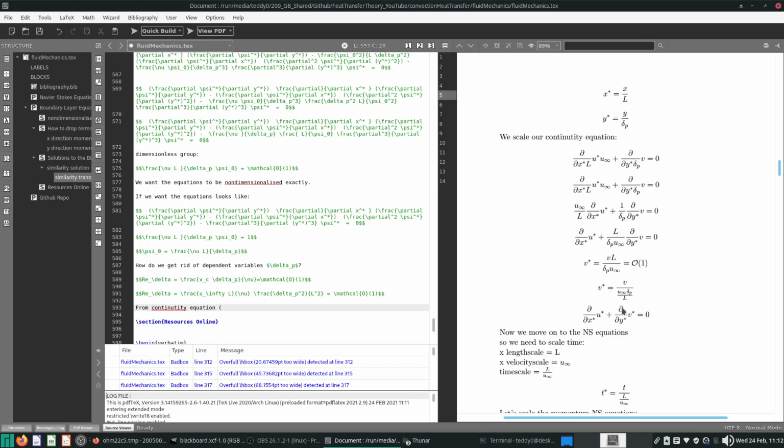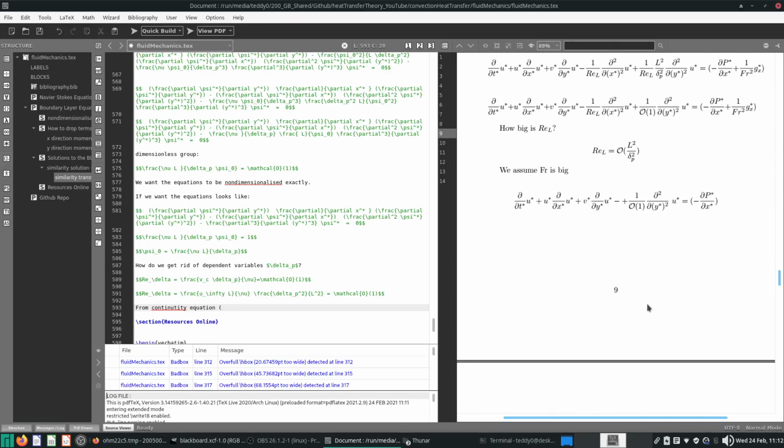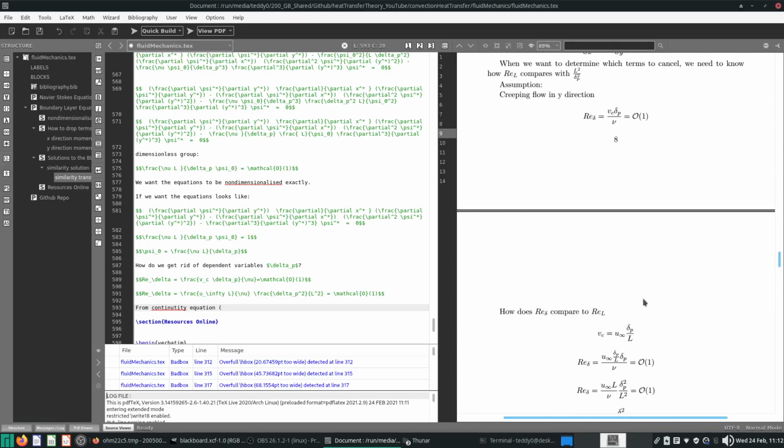So there are two unknowns we don't really know. One is the characteristic velocity for the y direction, and one is the characteristic boundary layer length at that point. So that's not going to help us.